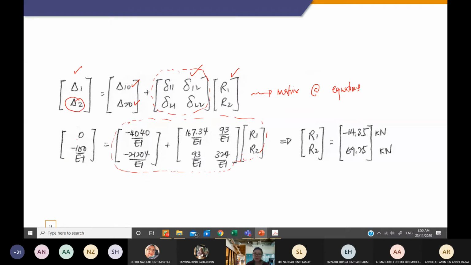What is this? Okay, we need to go back to our redundant structure, which is dealing with the dy. Okay, because support settlement at D is dealing with dy direction. So let us have a look at the dy.